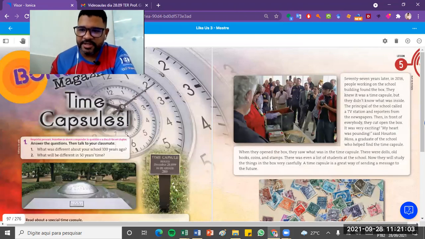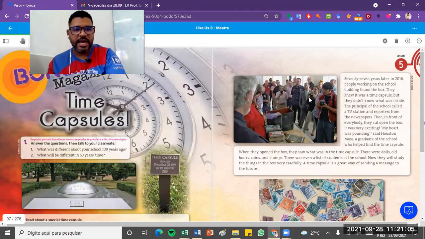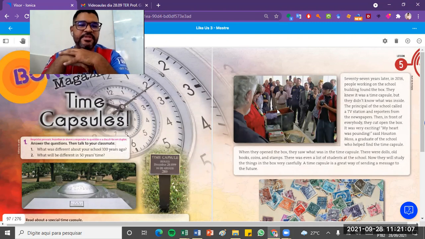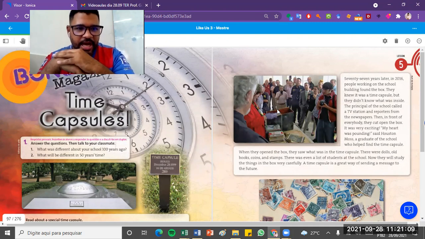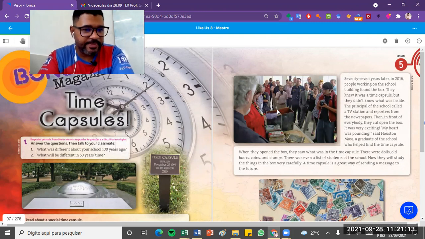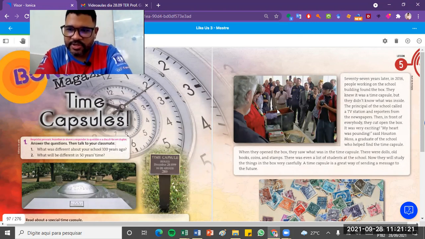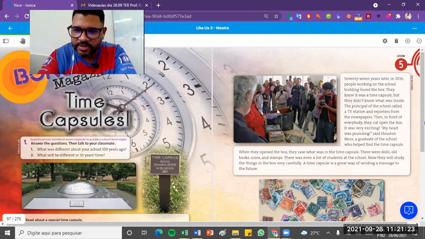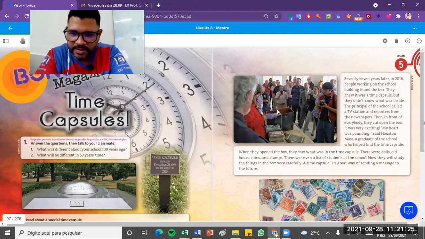77 years later, in 2016, people working on the school building found the box.